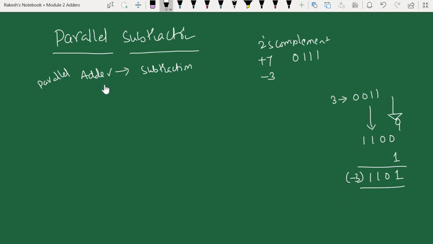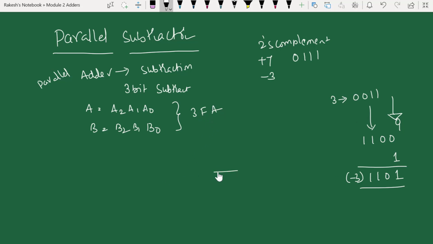Now if you want to construct a parallel subtractor, you are going to use the same full adder circuit. Suppose I am going to do a 3-bit subtraction. That means my A has A2, A1 and A0, and my B has B2, B1 and B0. So you are going to have 3 full adders.